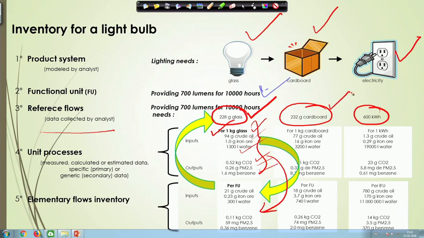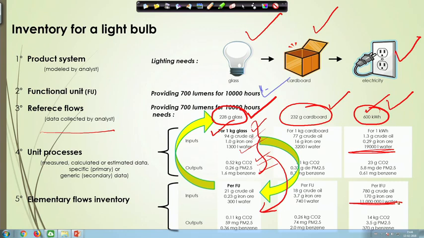Similarly, for cardboard and the kilowatt hour, if you look, for 1 kilowatt hour it is 19,000 liters of water. So, lots and lots of water is needed. We have to calculate this for 600 kilowatt hours. Look at the amount of water that is needed for that.